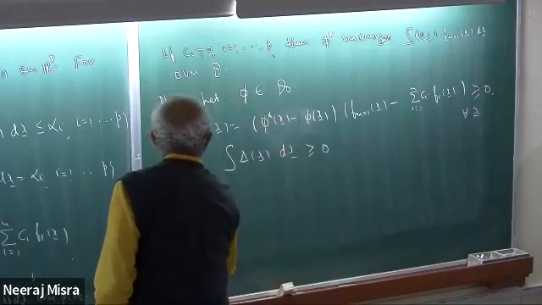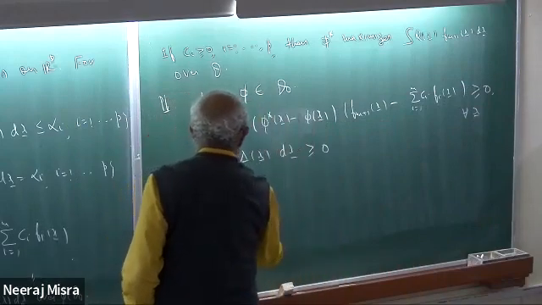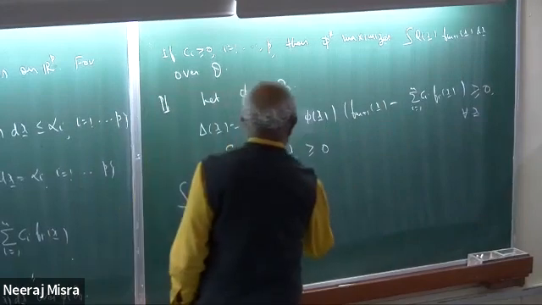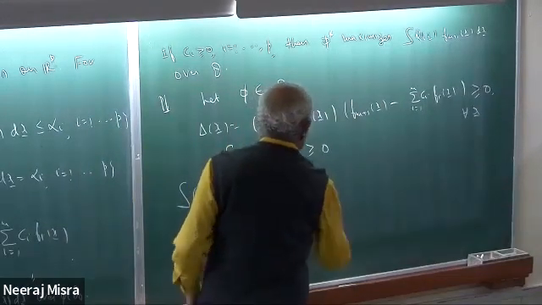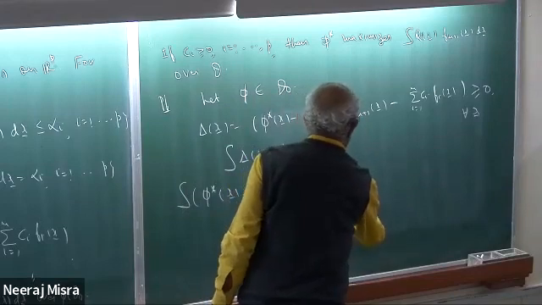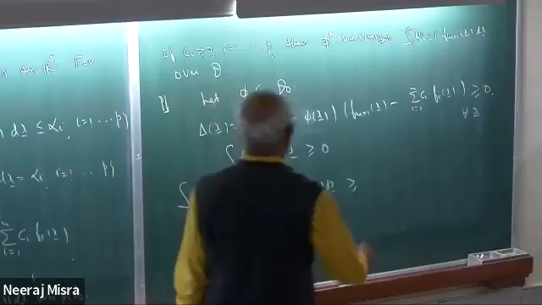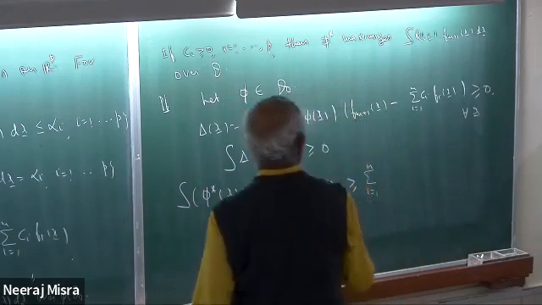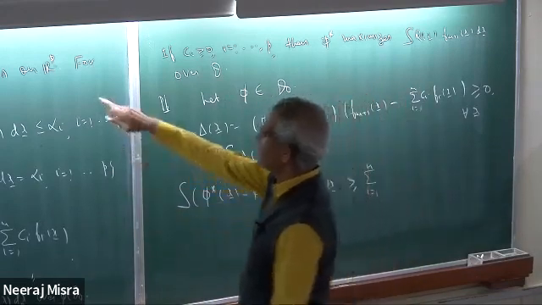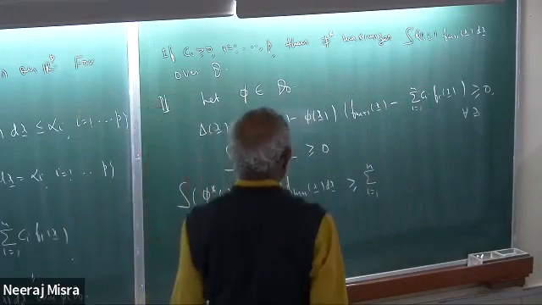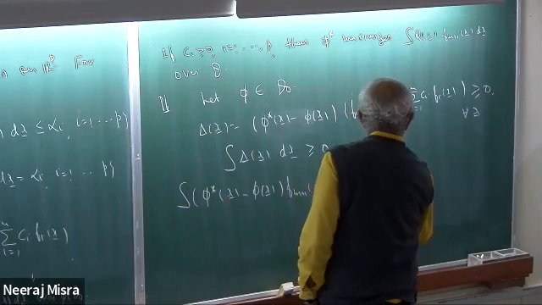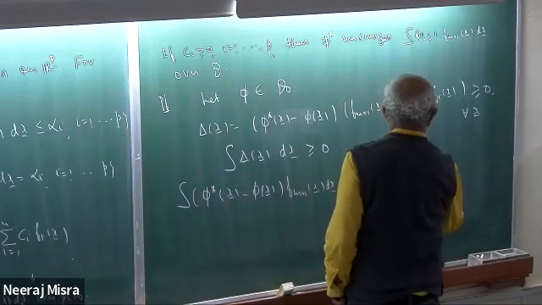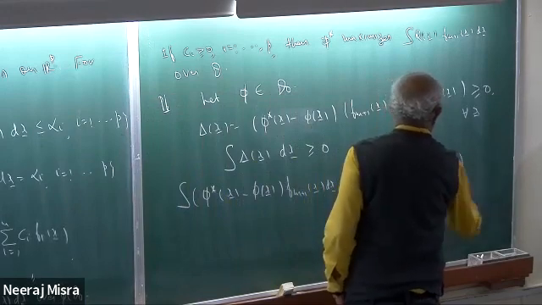What does that mean? That means integral over phi star(x) minus phi(x) f_{m+1}(x) would be greater than or equal to summation i equal to 1 to m c_i integral over phi star(x) minus phi(x) into f_i(x).